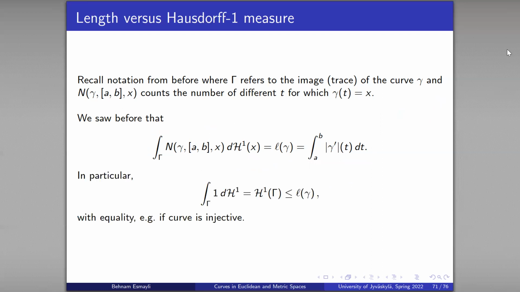One particular corollary of this is that H1 of the image is less than or equal to the length of the curve, because H1 is integrating 1 against the H1, but multiplicity is bigger than or equal to 1. And it's strictly bigger than 1 if the curve is non-injective.